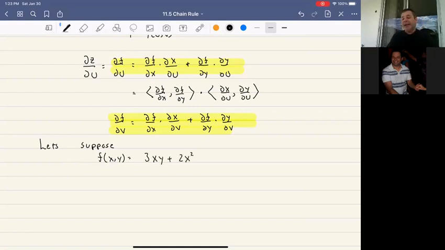Now, let's suppose we wanted to understand how this changes in polar coordinates.